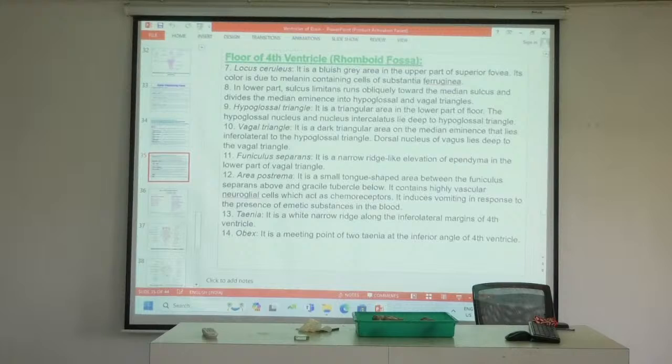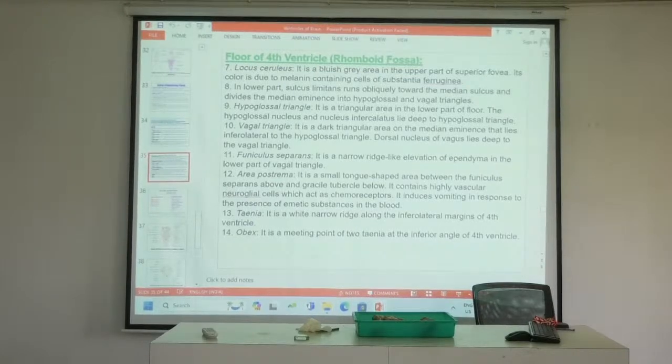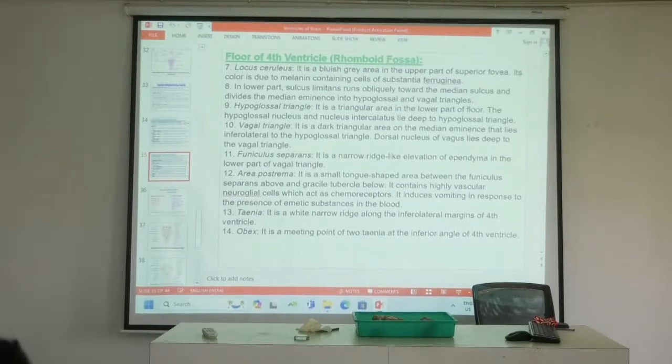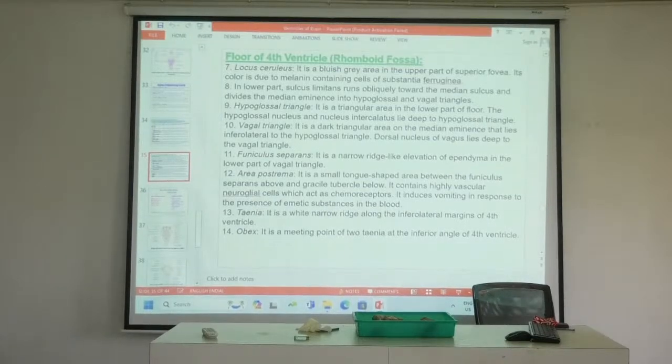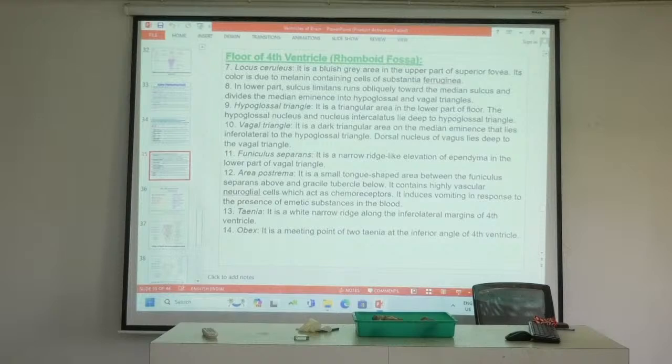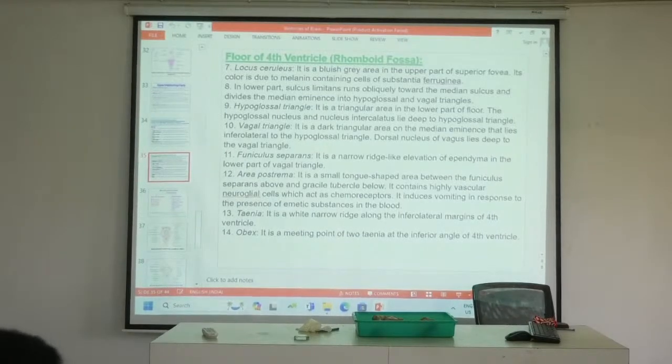It is a small tongue-shaped area between the funiculus separans above and the gracile tubercle below, and it contains highly vascular neuroglial cells which act as chemoreceptors, and it induces vomiting in response to the presence of emetic substance in the blood. Okay, so that's why it is important. Area postrema induces vomiting in response to the presence of emetic substance in the blood.